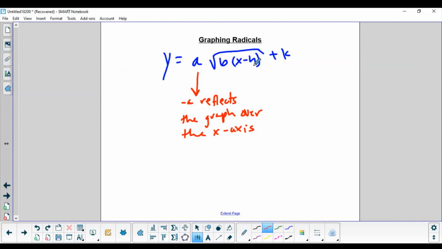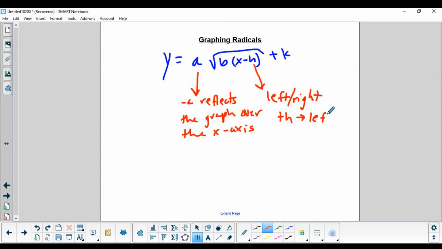h, remember, moves you left or right, and whether you move left or right depends on what h is. Plus h moves you left.